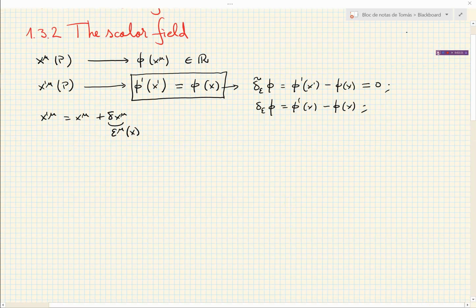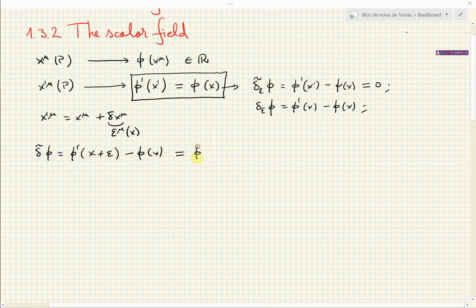If you expand φ'(x), so let me write here δ tilde of φ as φ'(x'), which is x plus ε, minus φ(x), and now you expand φ', then this is φ'(x) plus ε^μ ∂_μ φ' minus φ.